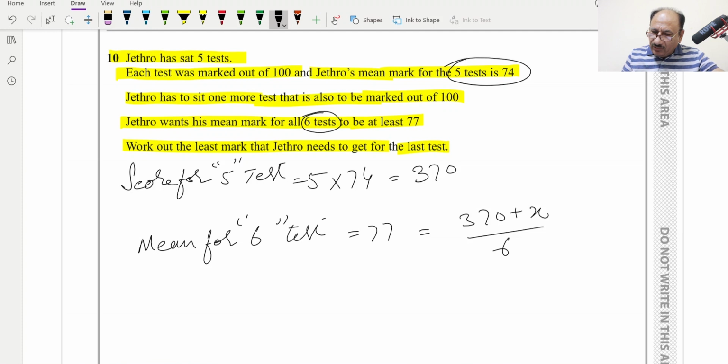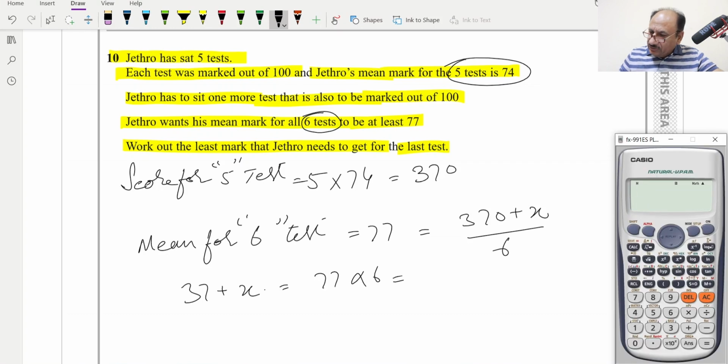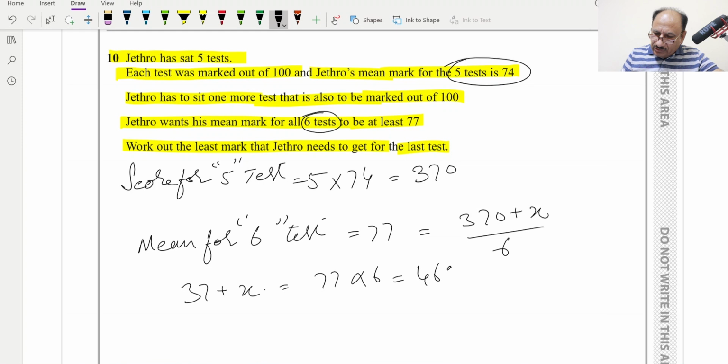Now we can find the value of x. So 370 plus x is equal to 77 into 6, which will be equal to what? 77 into 6 is equal to 462.